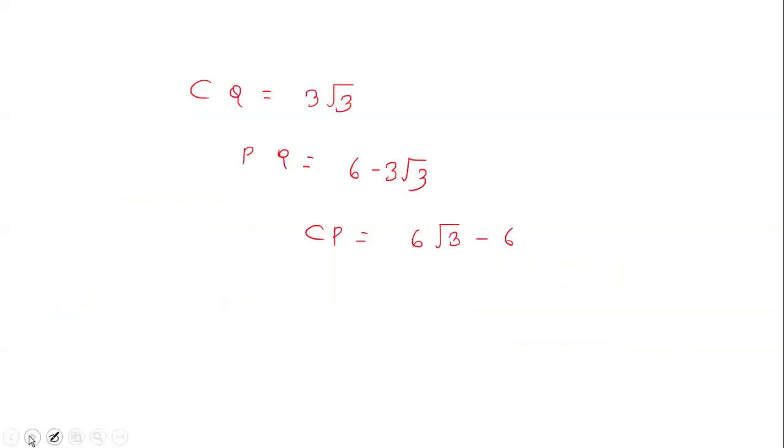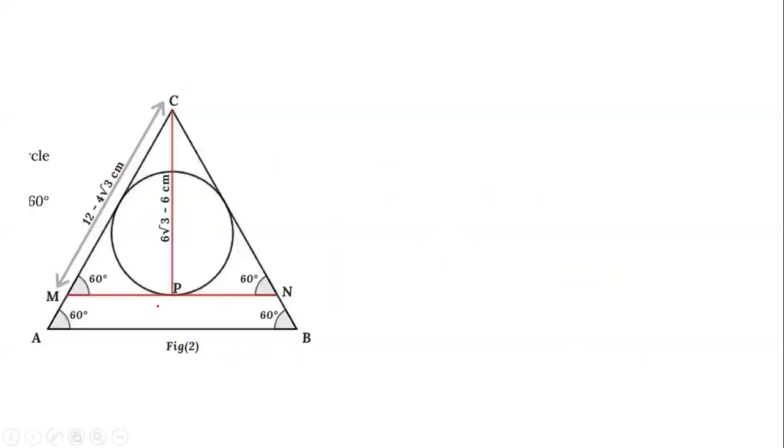Now you see this figure. We calculated CP as 6 root 3 minus 6. This whole angle is 60 degree and this is also 60 degree. This is also 60 degree and if you draw a horizontal line parallel to AB, so this is 60 and this is 60. So everything is symmetric, you can see here.